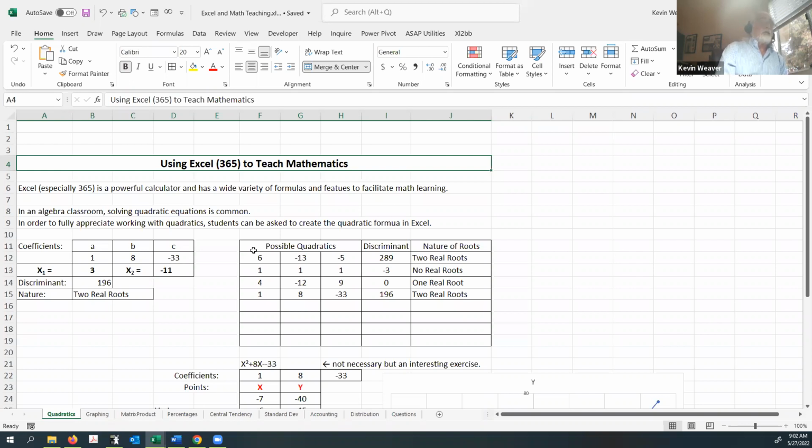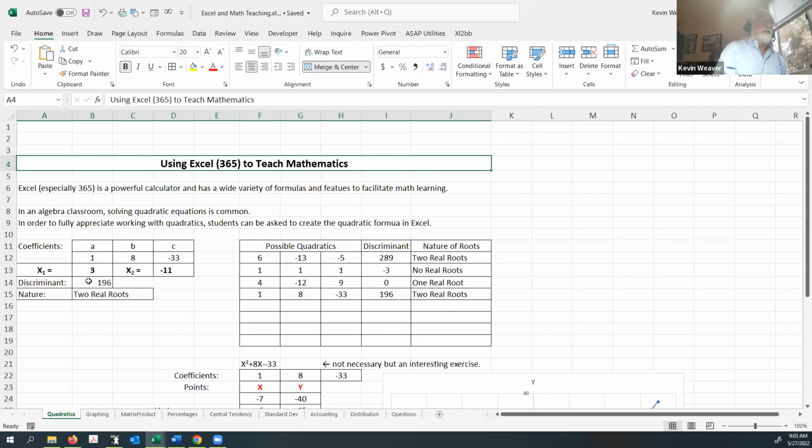So here is a case where solving a quadratic equation can be done in a number of ways. If we look at the standard form of a quadratic, and we use the quadratic formula, I have students program or write the formula for solving the quadratic.